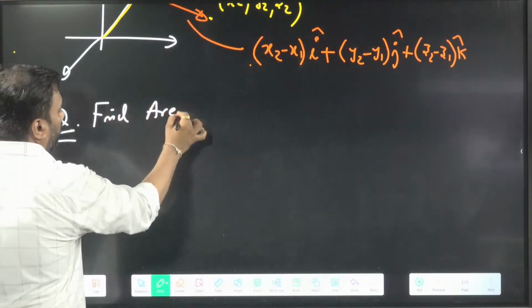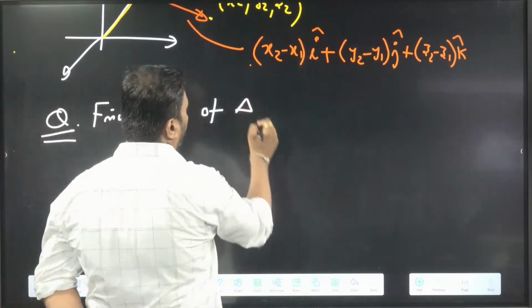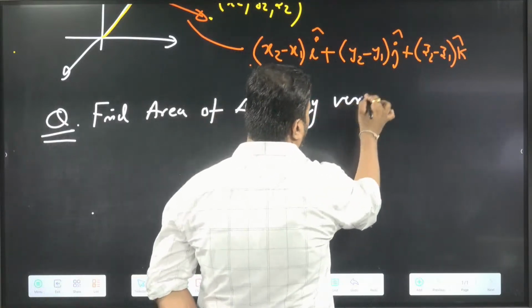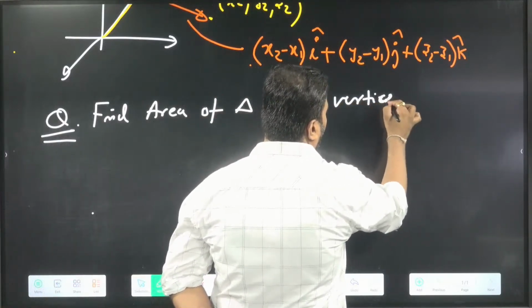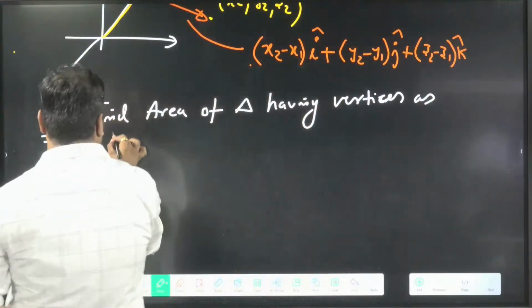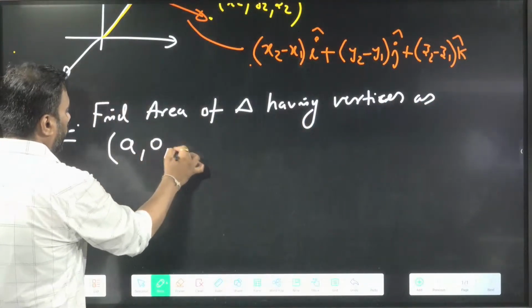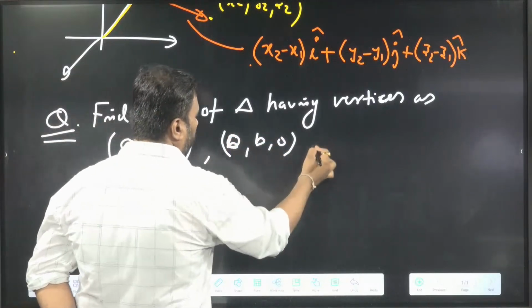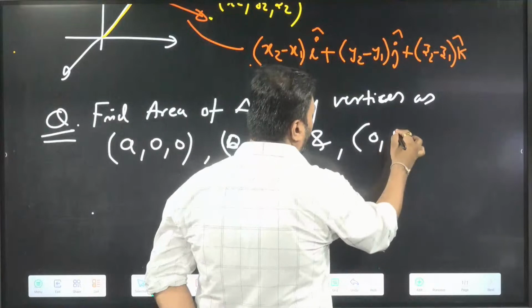Find the area of the triangle having vertices (A, 0, 0), (0, B, 0) and (0, 0, C).